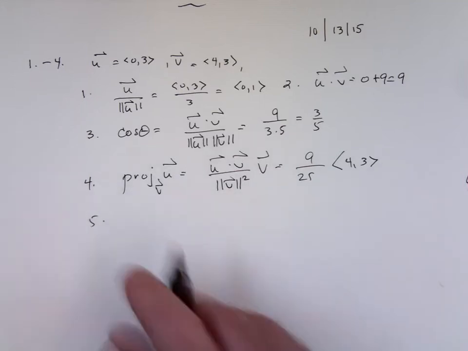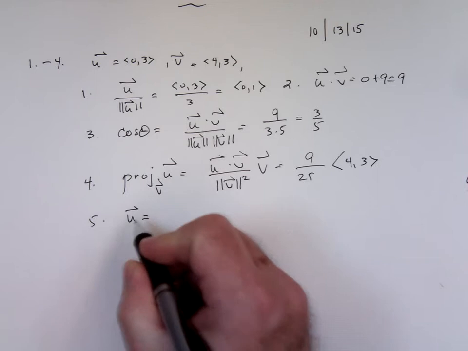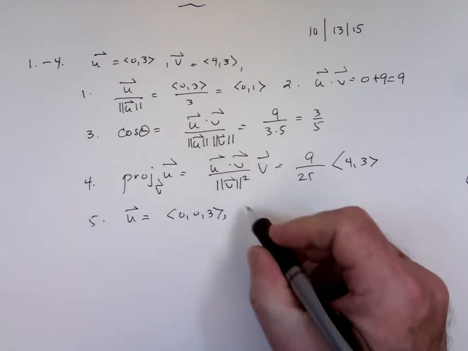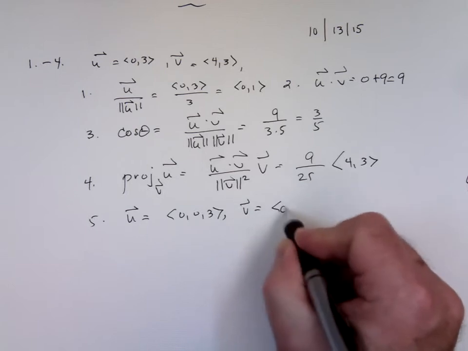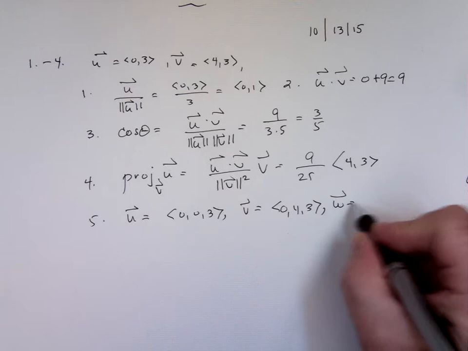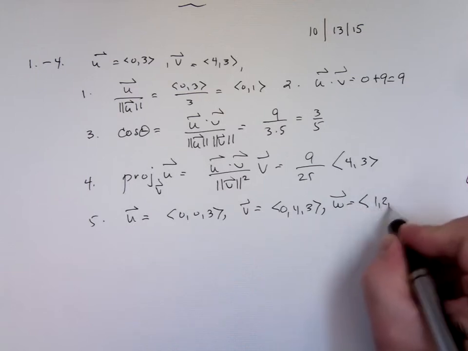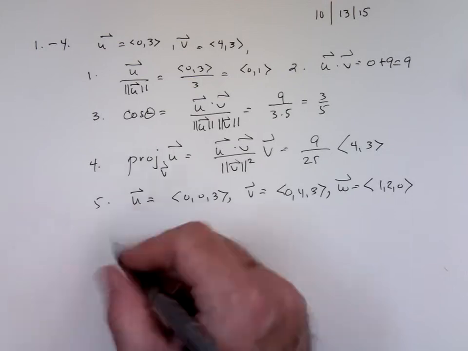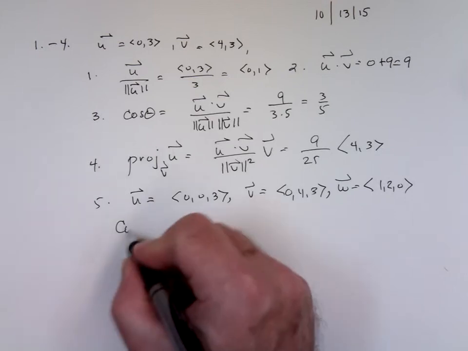5. Given those vectors, 0, 0, 3, 0, 4, 3, 1, 2, 0. Find various things. Cosine of the angle. Cosine of alpha, rather.